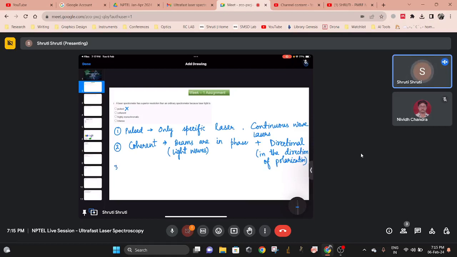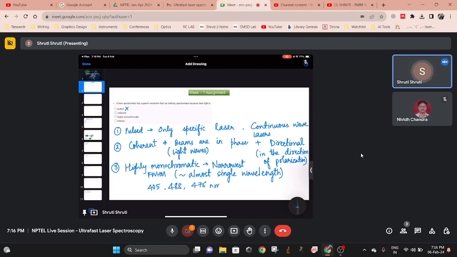Next one is highly monochromatic. Highly monochromatic means the FWHM is very narrow, almost a single wavelength, we can say. That's why we have lasers named with a particular wavelength, for example laser 405, 488, 476, like that.